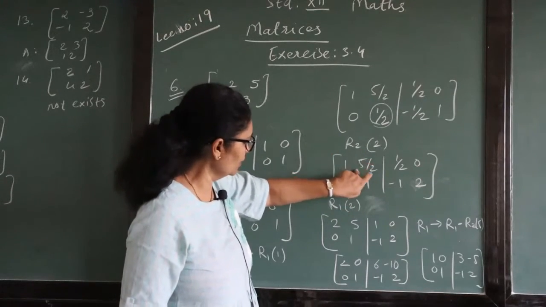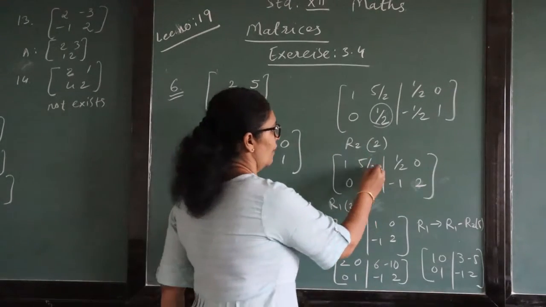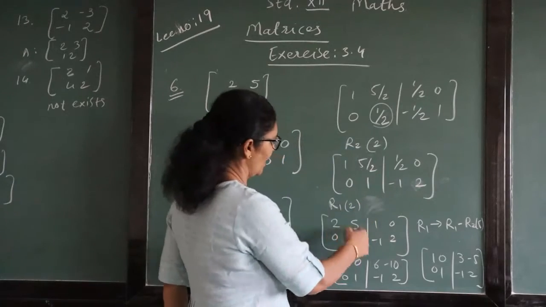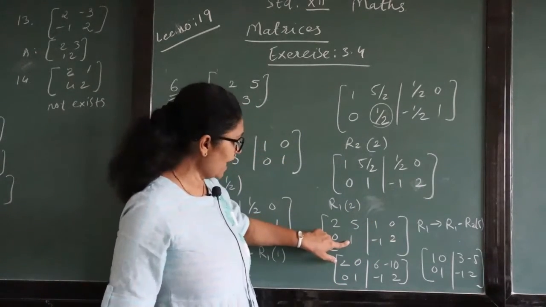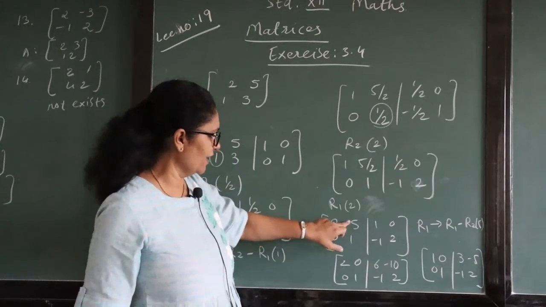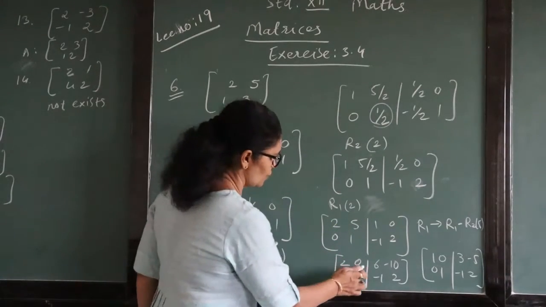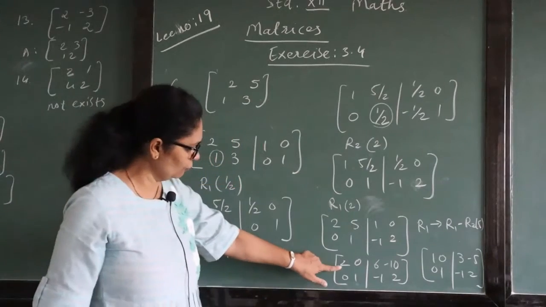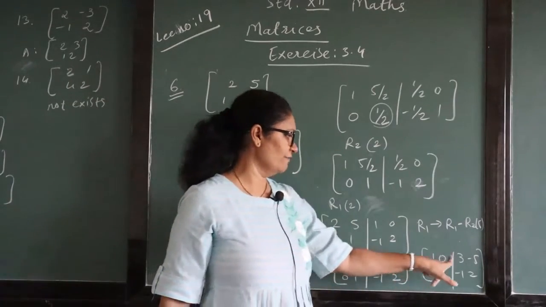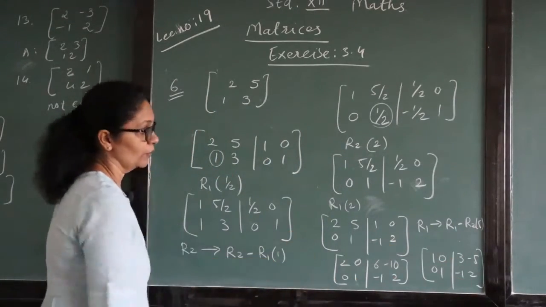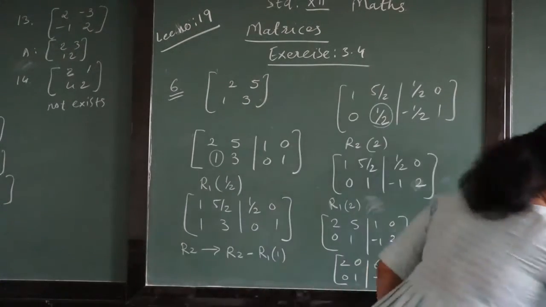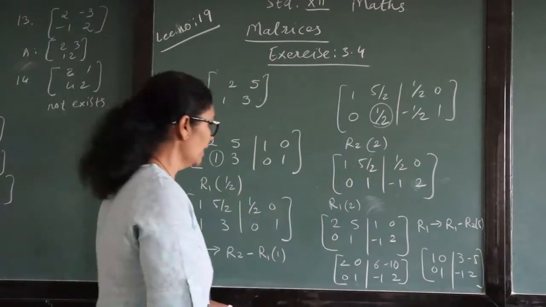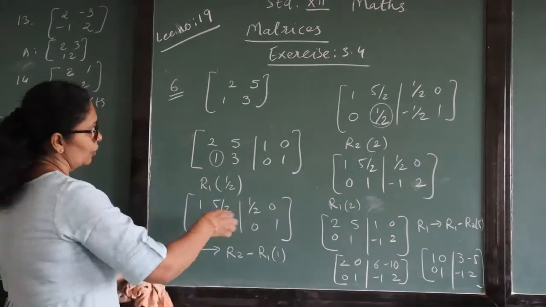We don't want this 5 by 2, so first we removed the 2 by multiplying by 2, and then we subtracted the second row multiplied by 5 from the first. So we get 2 0 0 1, but still we don't want 2, so we divided the first row by 2 and you get your answer. This is our row reduction method, and we get the inverse by row reduction.